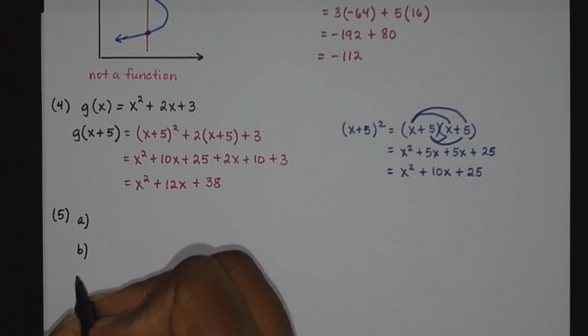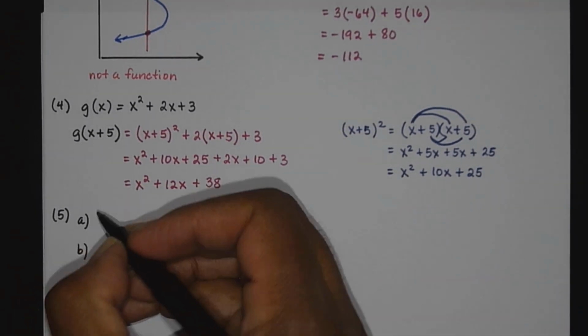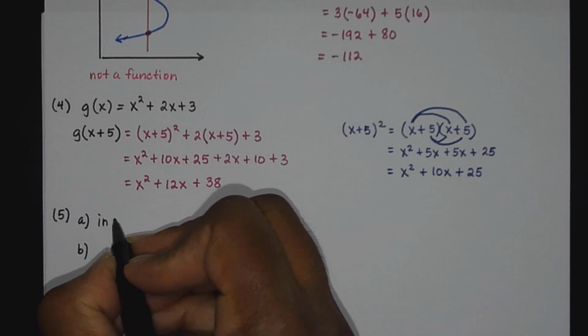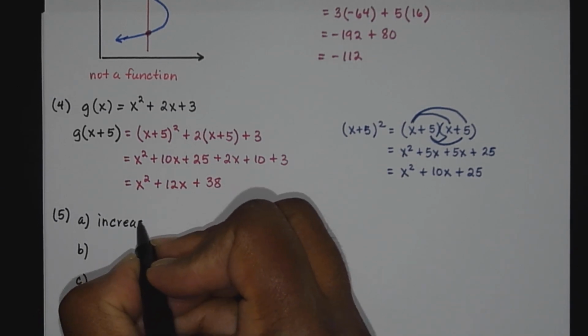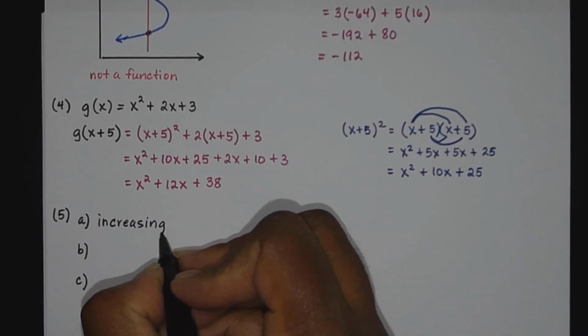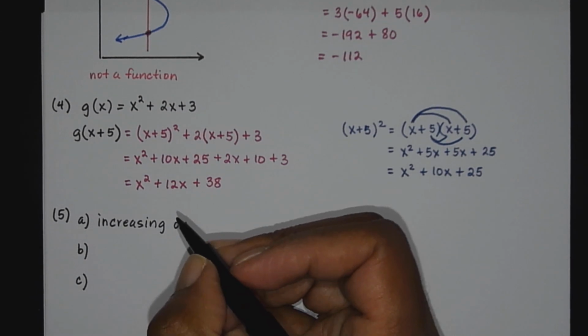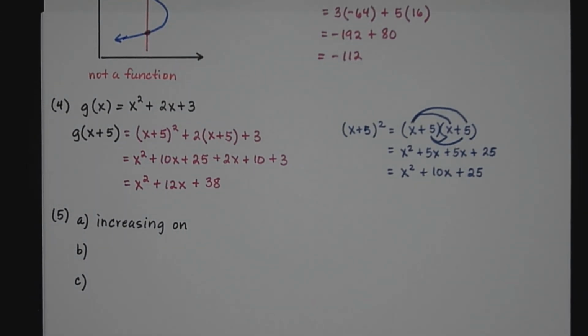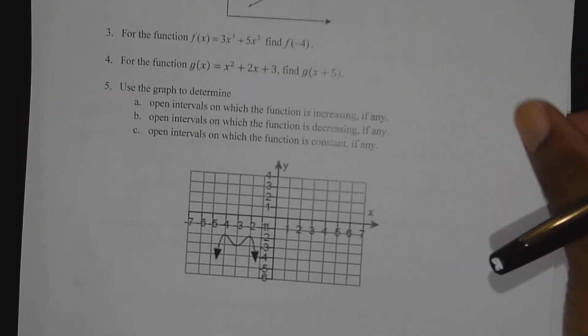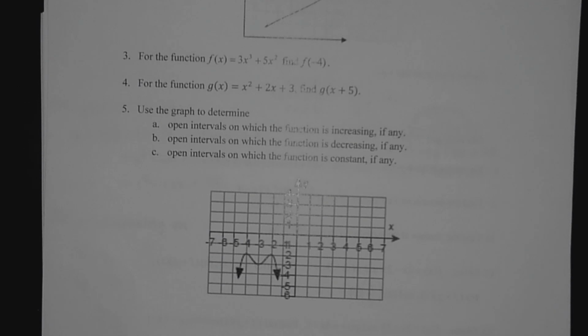So let me just write down A, B, and C. All right, so let me bring the graph on the screen, and then I'm going to use a piece of paper to cover the graph and move it from left to right.